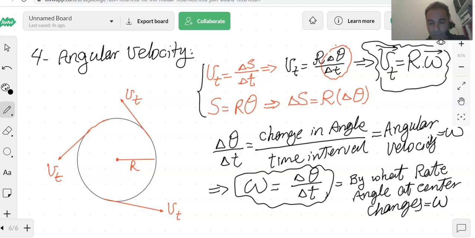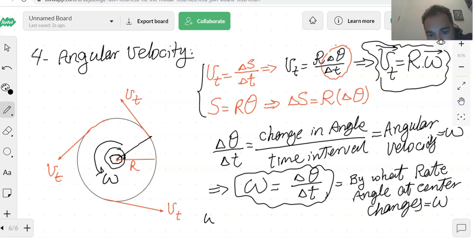Let me show you one important thing. Look at this drawing. Look, your angle changes here, correct? At the center. By what rate does this angle change at the center? That is called angular velocity, which we show by omega.